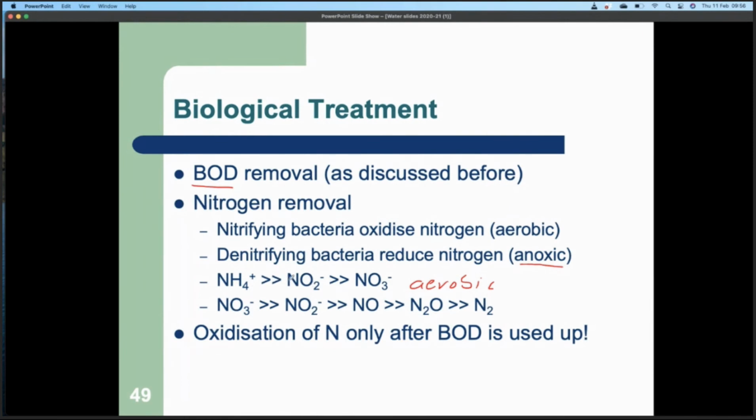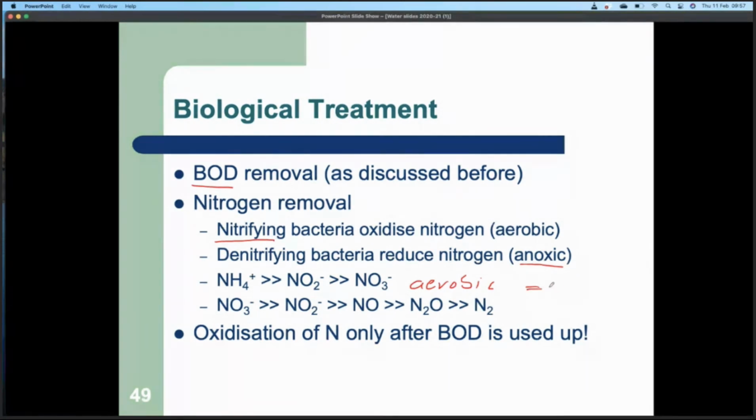Let's not worry about them just now. And then the NO2 nitrite gets further oxidized to nitrate. And that's the end of the aerobic treatment. So this aerobic treatment is called nitrification. And it's looking like it says here, nitrifying bacteria.